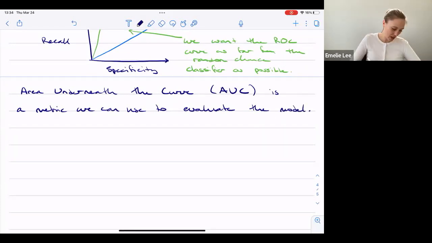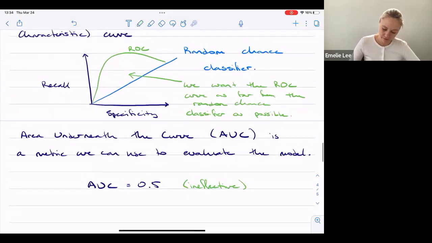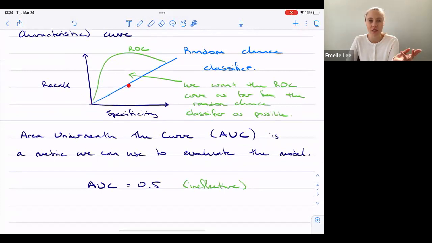So an AUC of 0.5 is going to be considered ineffective, because 0.5 is the random chance classifier. These are proportions, so we're restricted between 0 and 1. I didn't show that, but we are. The total area here is 1 by 1, and half of that is taken by the random chance classifier.